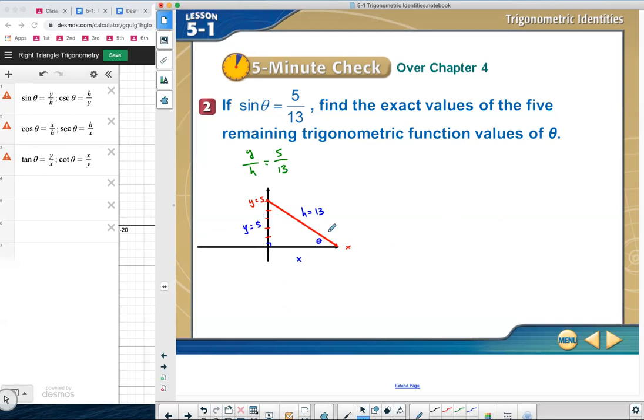So we go through and do the Pythagorean theorem again. So we have, let me write it over here, x squared plus y squared equals our hypotenuse squared. And so this time the 2 numbers I'm working with are 5 squared and 13 squared. All right, mental math time.